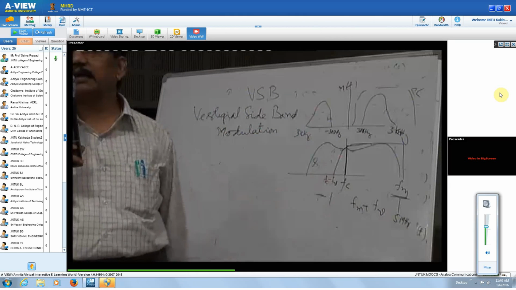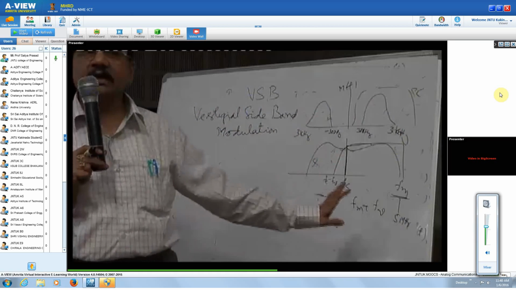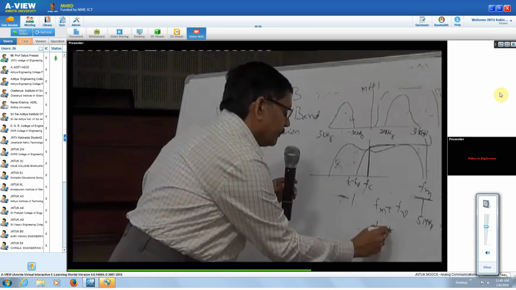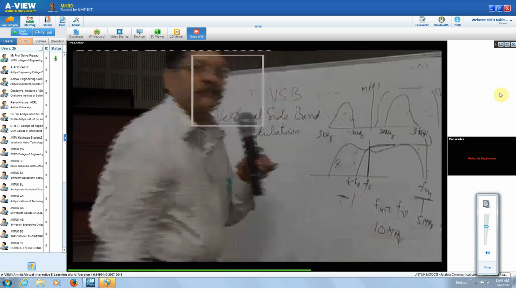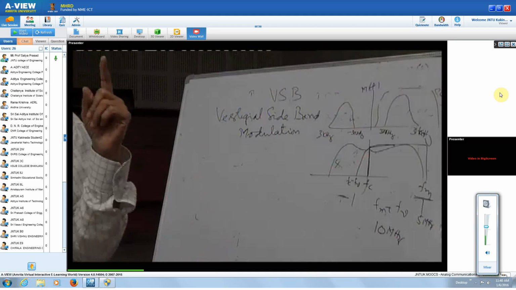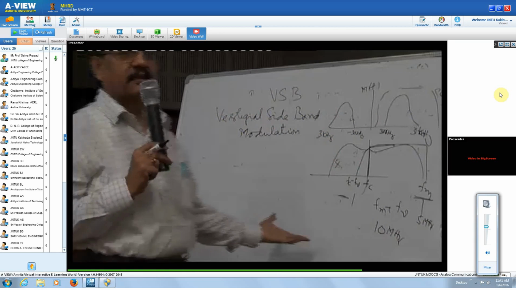The bandwidth that we require to transmit a TV signal is twice that of the highest frequency. Therefore, we require here 10 megahertz. So for each channel signal, we require 10 megahertz.